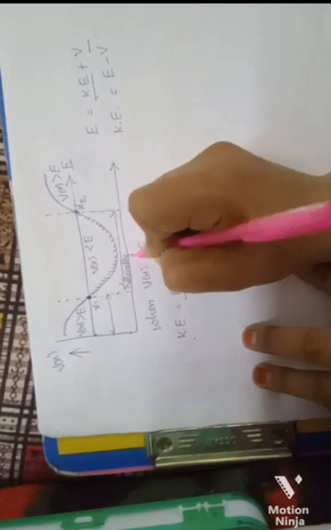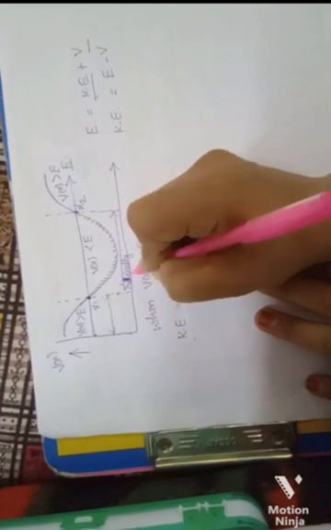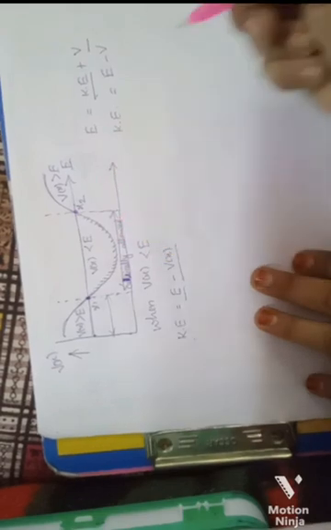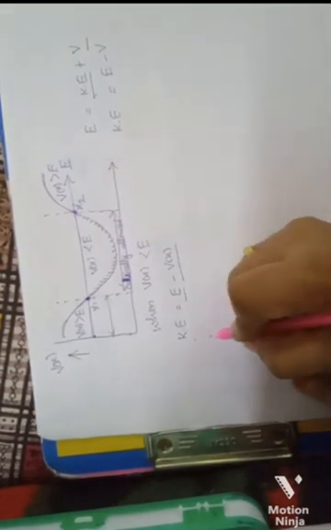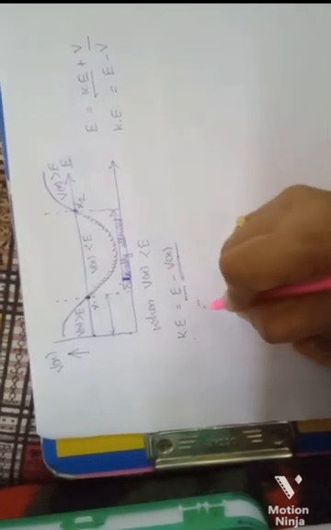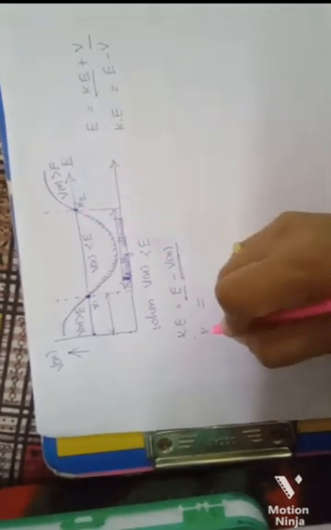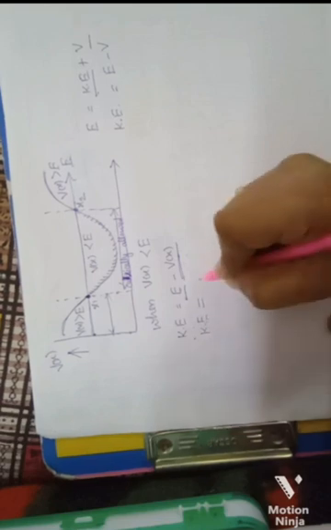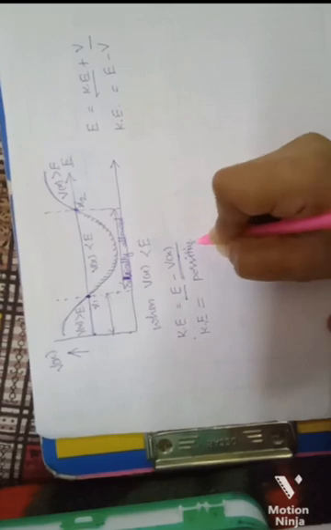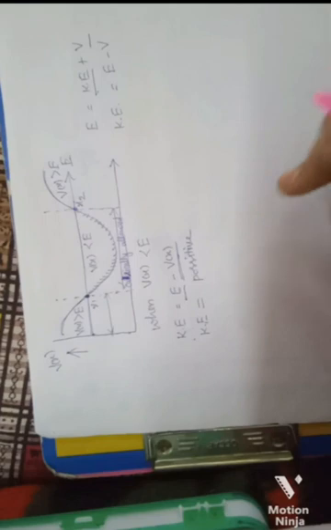Classically allowed, with only one L. The region where V of x is smaller than E, so E minus V is positive, meaning kinetic energy is positive, is called the classically allowed region.